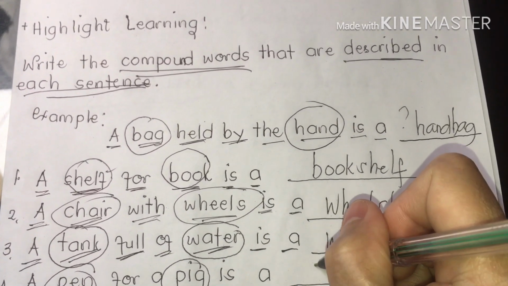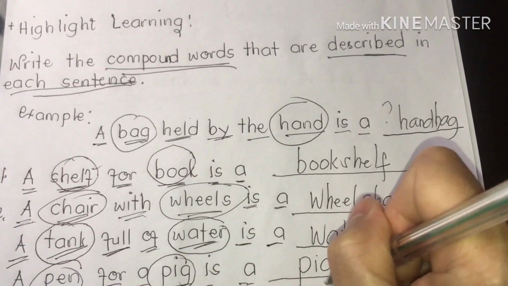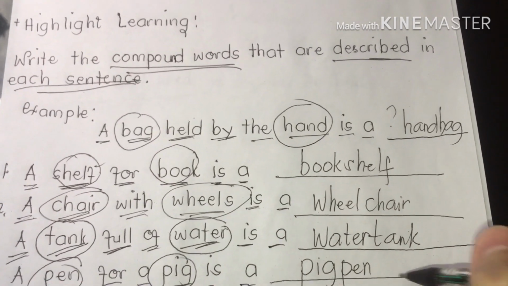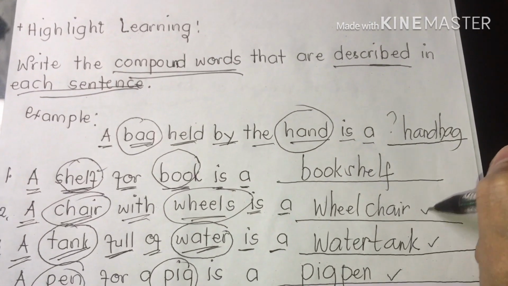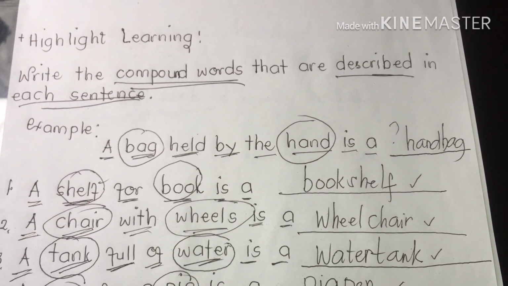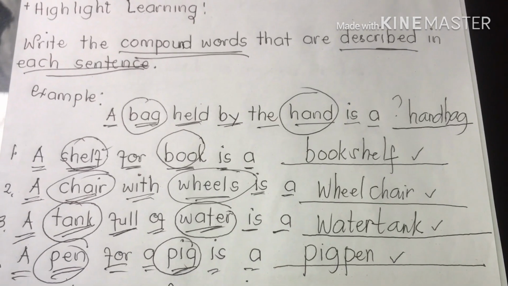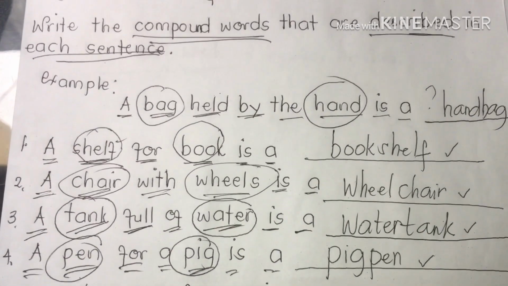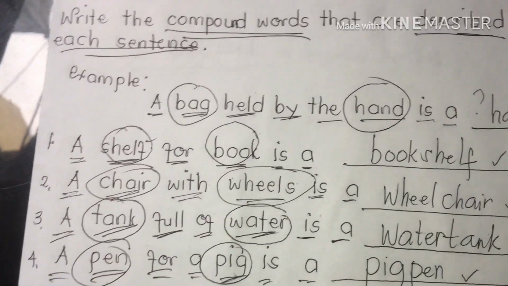So I'm going to write pig first, then I'm going to connect pen. Therefore, pig pen is what we call a pen for pig. It's their artificial habitat, wherein a pig can grow there.